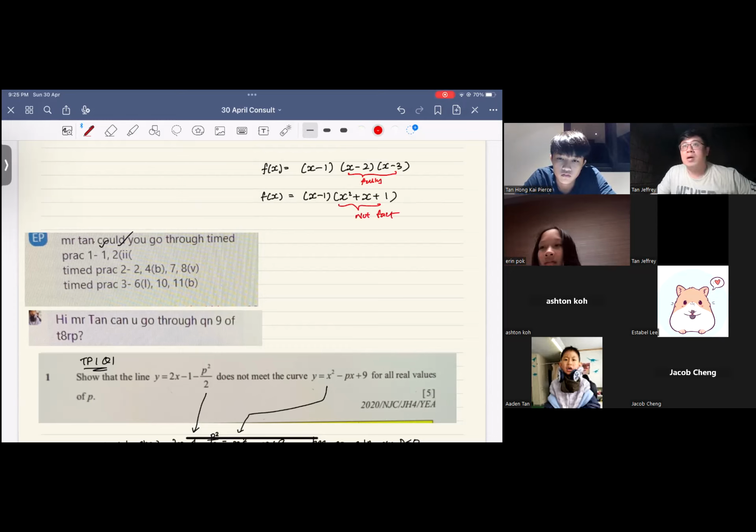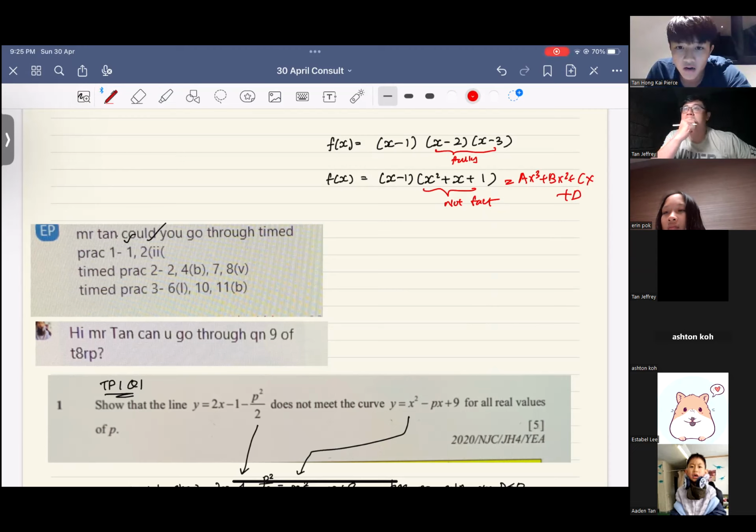But you can still find the unknown coefficients. If I equate this to ax cubed plus bx squared plus cx plus d, you can still find them, just by comparing or just by substitution. Then for the non-factorizable expression, how do you see the coefficient of x cubed?